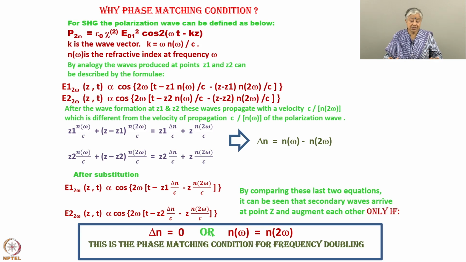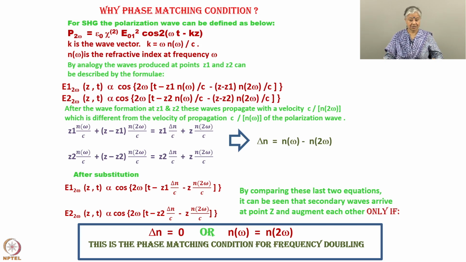And only when this phase matching occurs is the primary beam able to transfer its energy to the secondary frequency doubled beam, only when delta n is equal to 0.